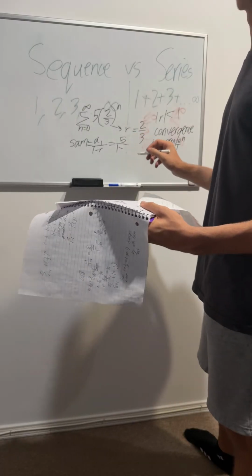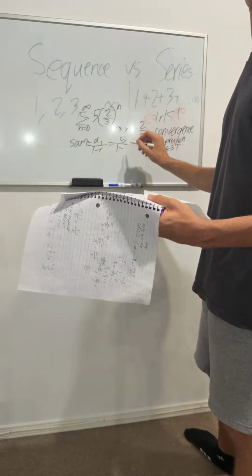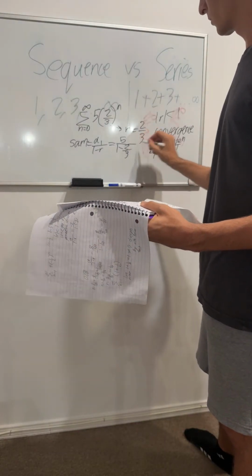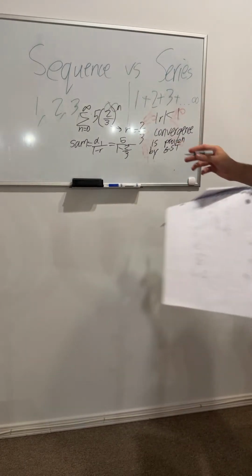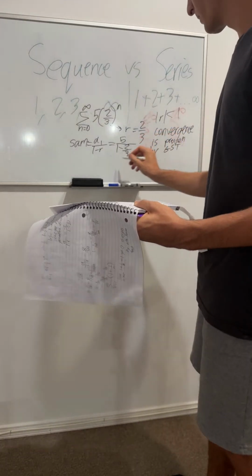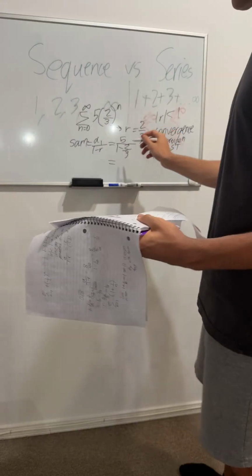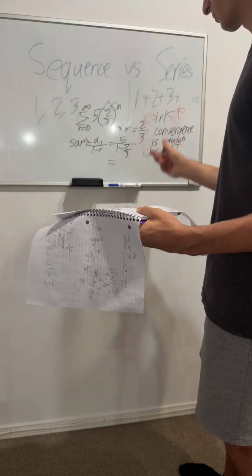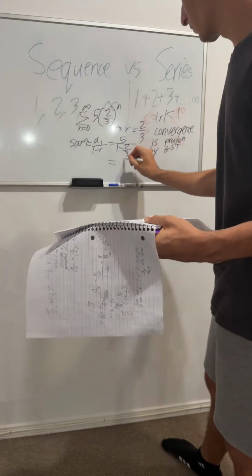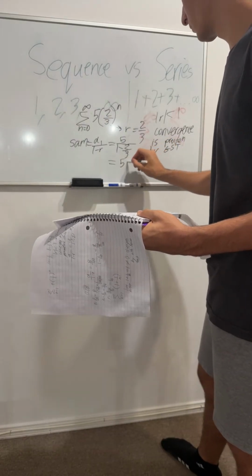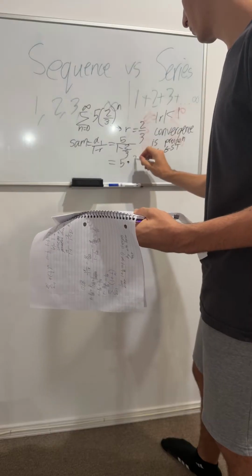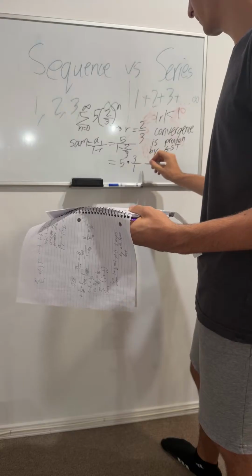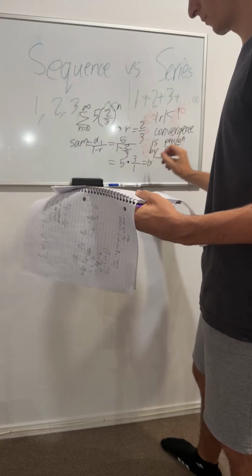Well, what is our r? Our r is 2 over 3. Okay, so you can see our r is 2 over 3, and now what? Well, 5 over 1 minus 2 over 3. Now we just gotta do simple math. 5 times 3 over 1, and we have 15.